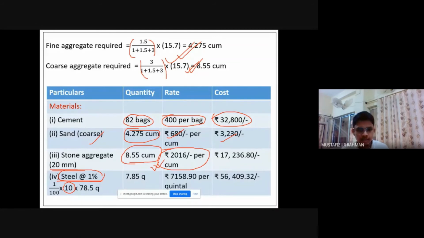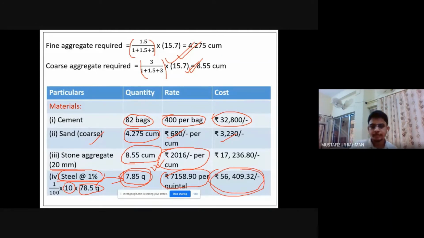Now this is the density of steel, 78.5 quintals per cubic meter. So we are using that density, and we are getting that we should be using 7.85 quintals of steel, right? Then this is the rate we are considering, and then ultimately we get this value.